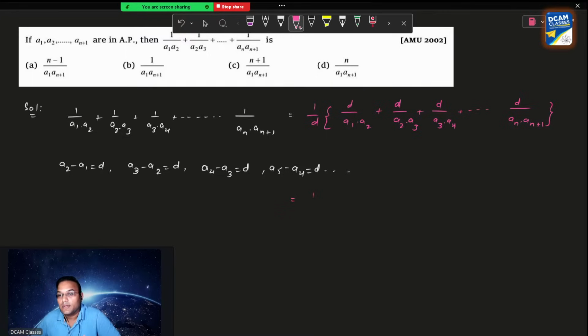Now 1 by d, and in place of d I can write a2 minus a1 by a1 a2 plus a3 minus a2 by a2 a3 plus a4 minus a3 by a3 a4 plus and so on, an plus 1 minus an by an an plus 1.